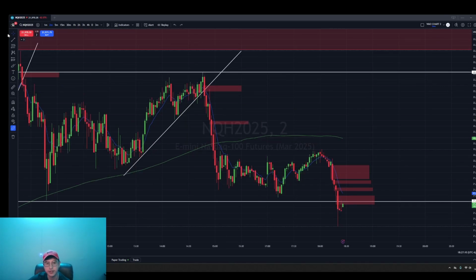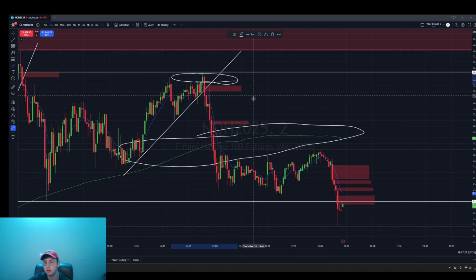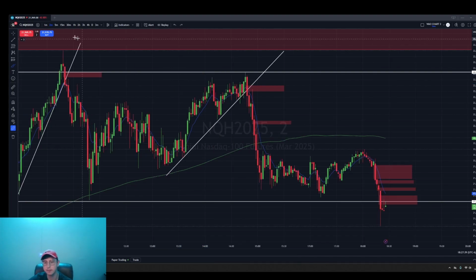I want to look for break of structure, come back into the fair value gap, enter short, take profit right here, stop loss somewhere up here. So our risk to reward is on point, and we just replicate this. We do this every single day, day in, day out, on repeat.